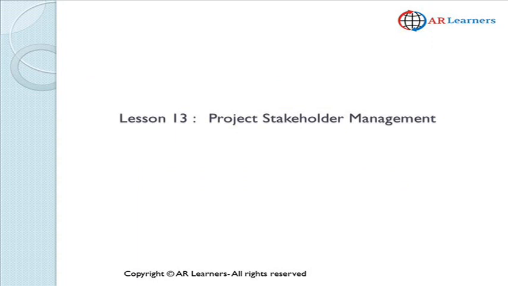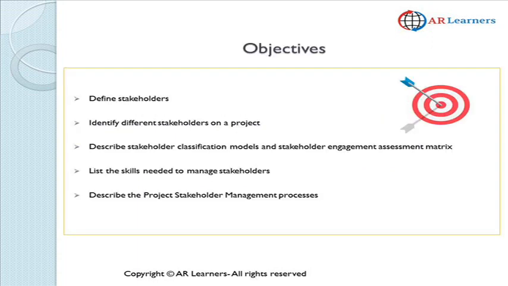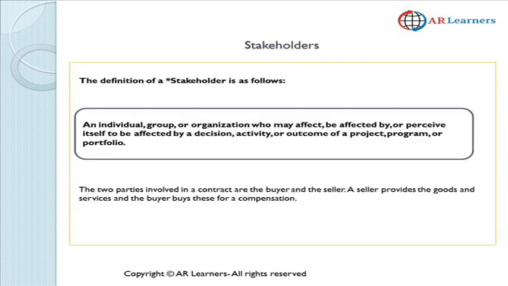Lesson 13. Project stakeholder management. Objectives. Define stakeholders. List the skills needed to manage stakeholders. Identify different stakeholders on a project. Stakeholders are individuals, groups, or organizations who may be affected by, or perceive themselves to be affected by a decision, activity, or outcome of a project, program, or portfolio.